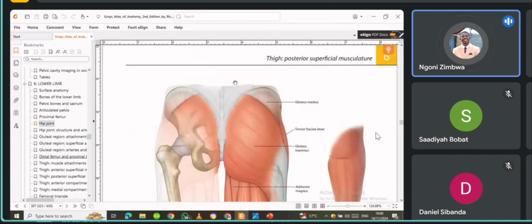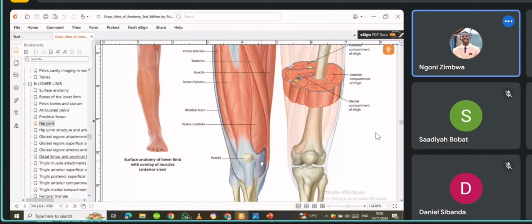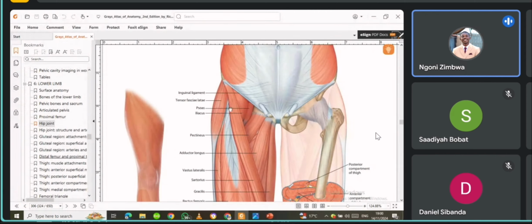So it crosses this joint. It also crosses this joint. So it has actions. I'm just going to mention them. The sartorius: one, flexion of the thigh. Two, lateral rotation of the thigh. Then three, abduction, not adduction, abduction of the thigh.